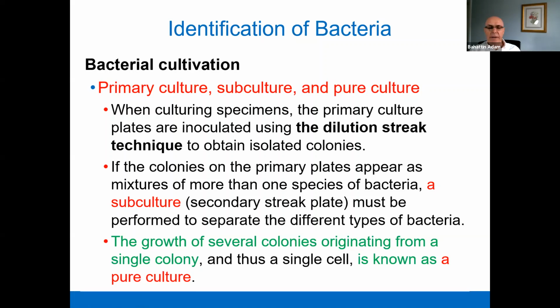Okay. To obtain isolated colonies, if the colonies on the primary plates appear as a mixture of more than one species of bacteria, a subculture must be performed to separate these different species.